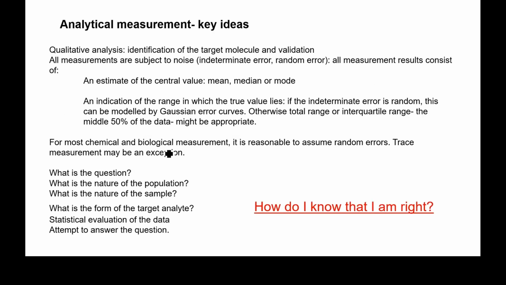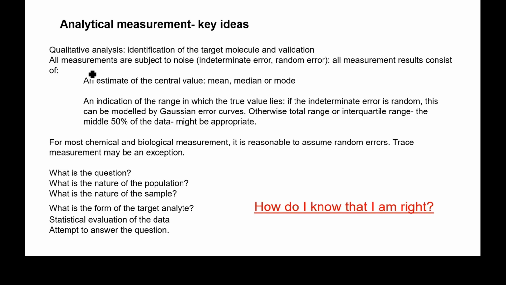So the key idea in doing any analytical measurement is that statement in red and underlined and shouty down towards the bottom right of the screen here, which is: how do I know I'm right? So in qualitative analysis, we're trying to identify the target and validate that somehow. But in quantitative analysis, we're trying to get an indication of how many molecules per unit volume we have here.